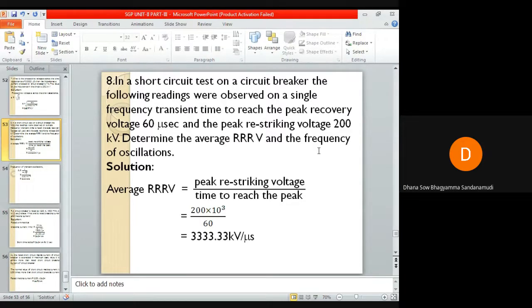Whatever data is given, you just substitute the peak restriking voltage value and the time taken to reach the peak value in the formula: 200 into 10 power 3 by 60. So you will get 3333.33 kilovolts per microsecond.